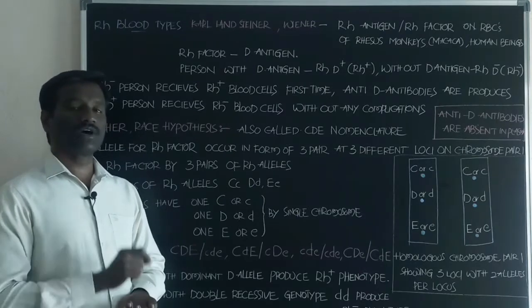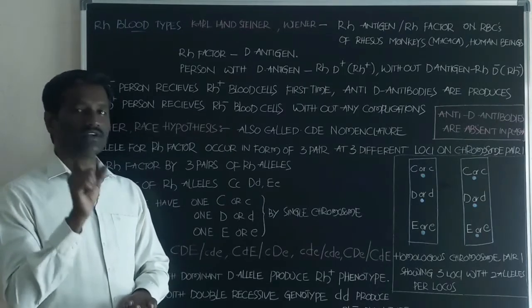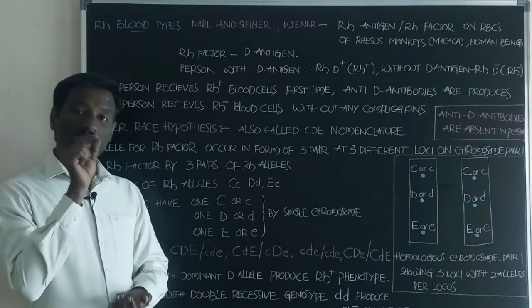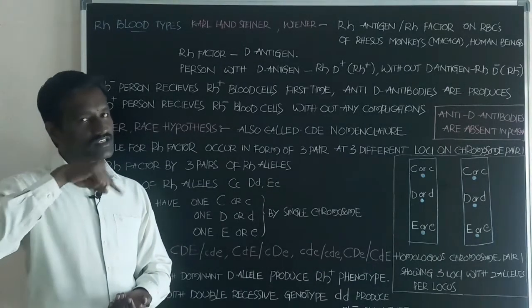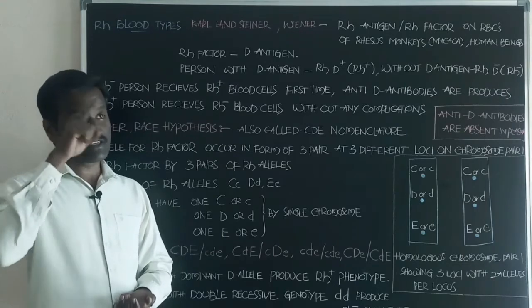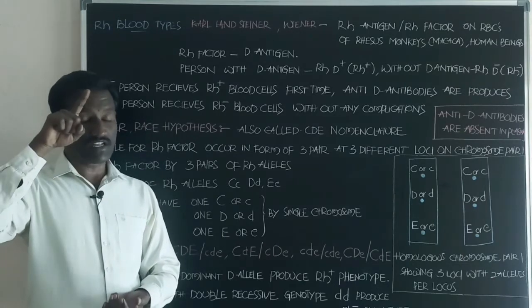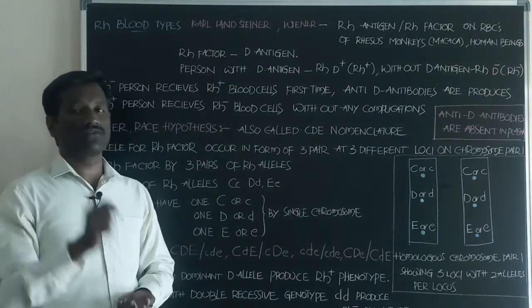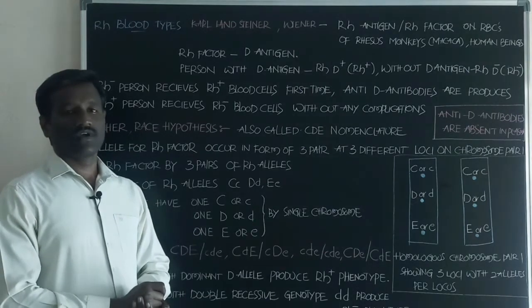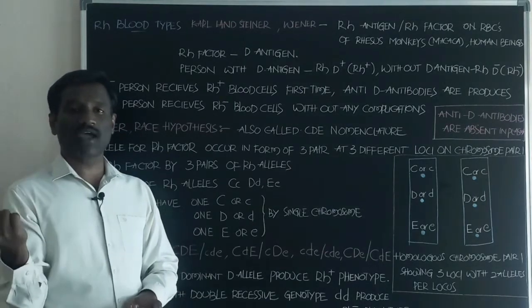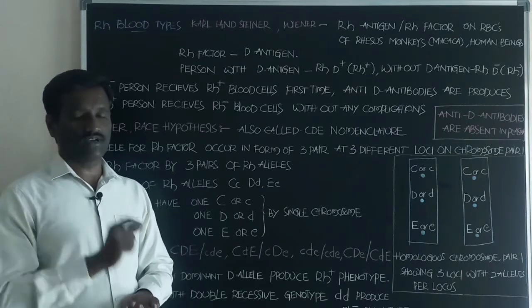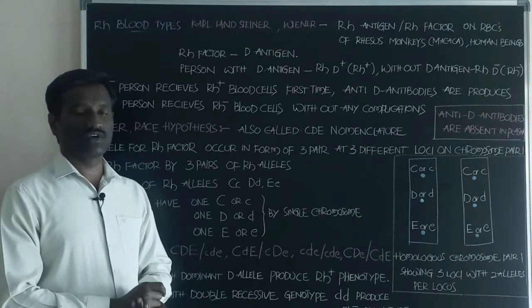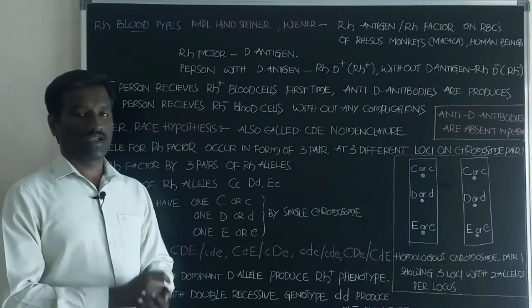If you observe an AB blood group person, two types of antigens, antigen A and antigen B, are present on the plasma membrane of RBC, and at the same time antibodies are absent. Okay, student, like this.